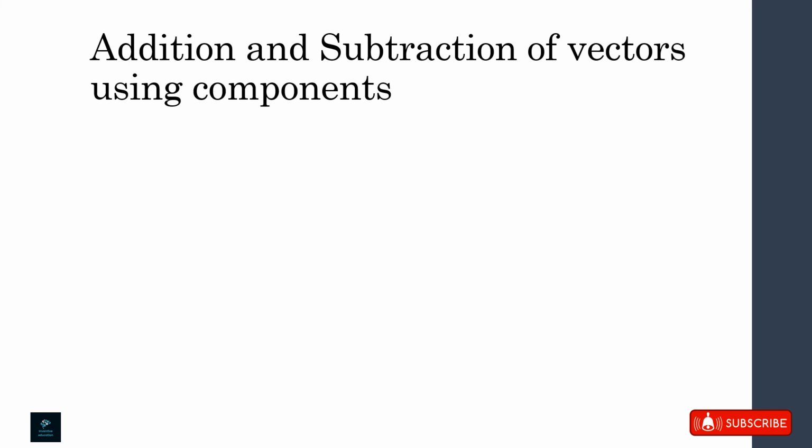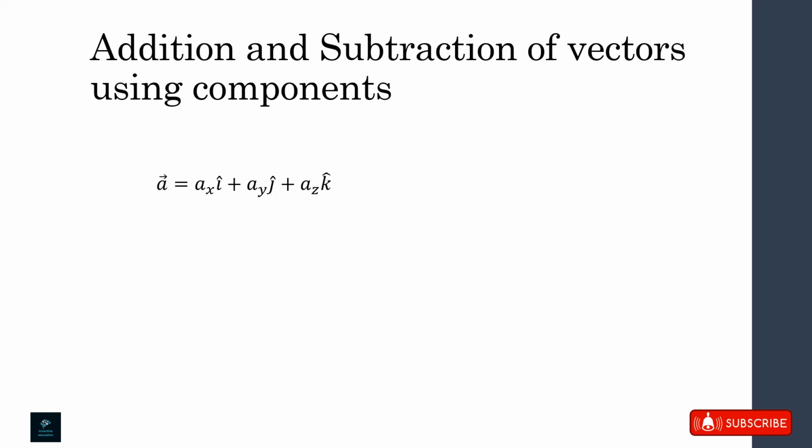Writing vectors in terms of their components makes it easier to perform algebraic operations on vectors. For addition and subtraction, components of vectors pointing in the same directions can now be added or subtracted.